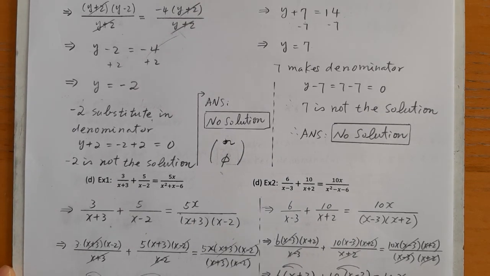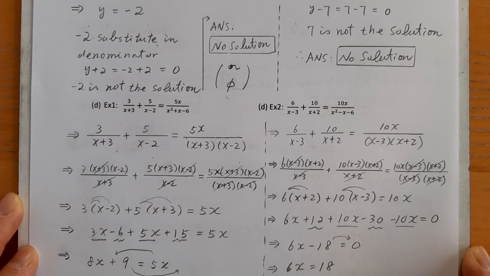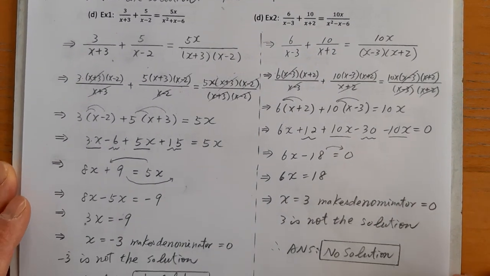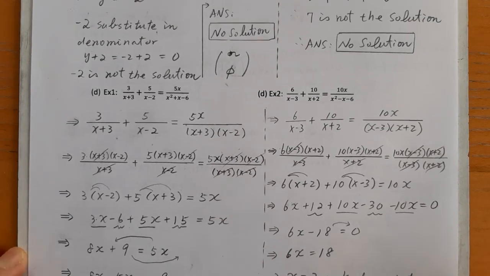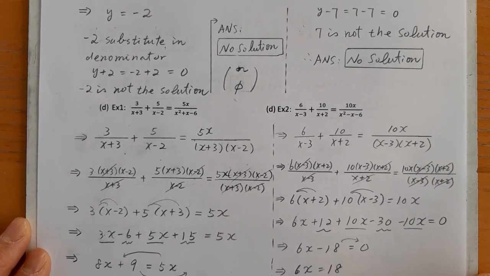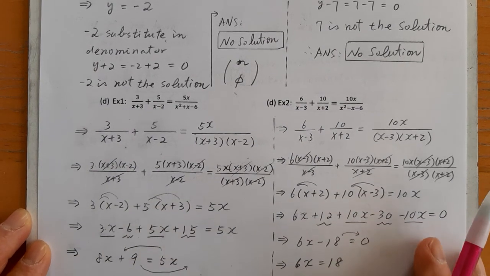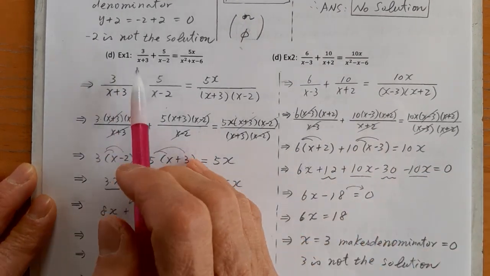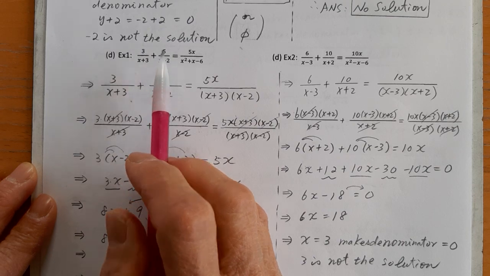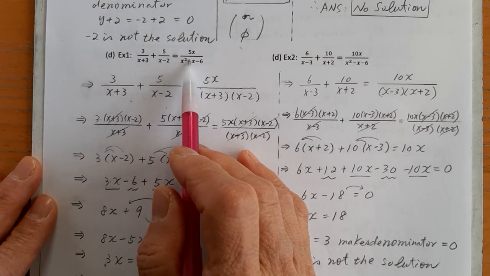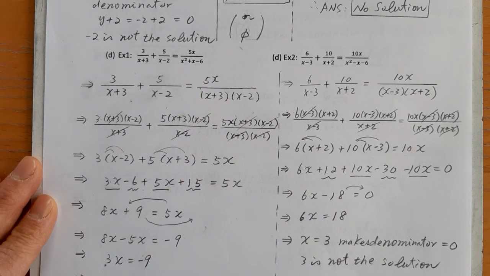That's C. Question 3C. And now question 3D. First example: x plus 3 and x minus 2 are on the denominators, and this side is x squared plus x minus 6.